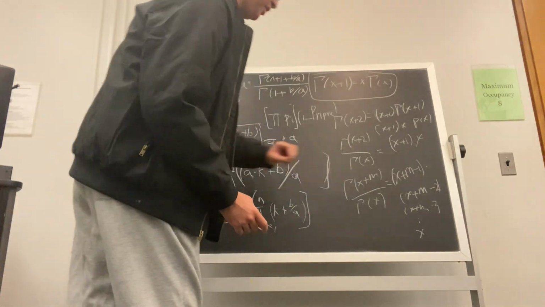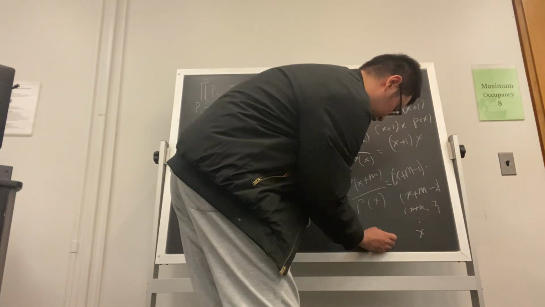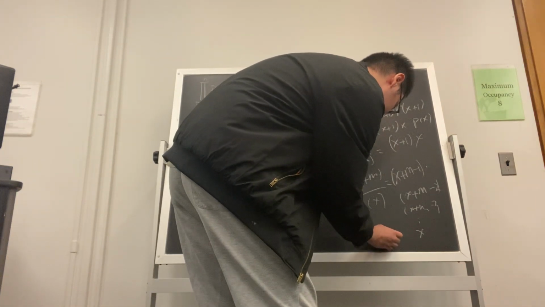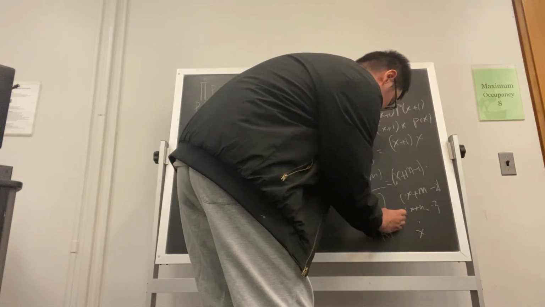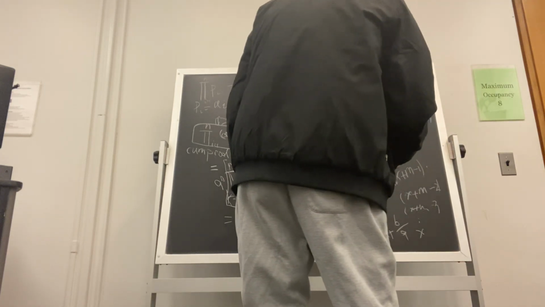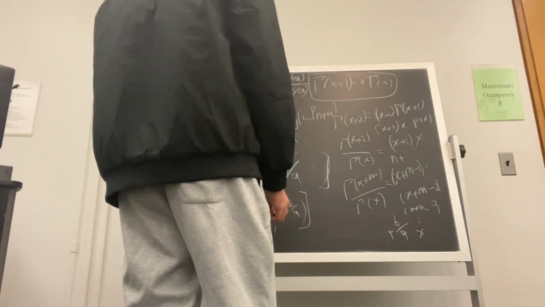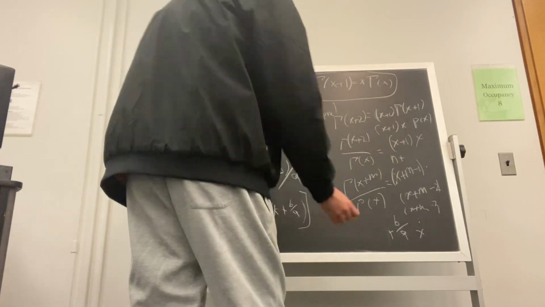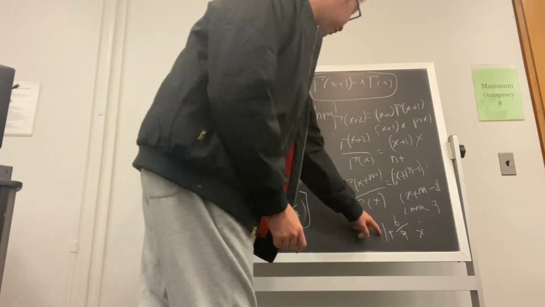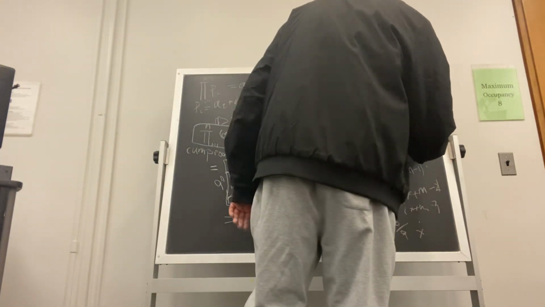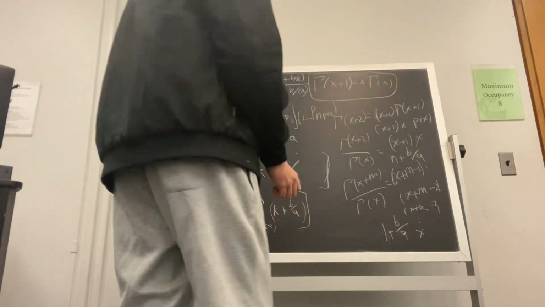We just plug in: this x will be k plus b divided by a, and here we have n. Well, this is 1 plus b divided by a, because k equals 1 for the first term, and k equals n for the last term.